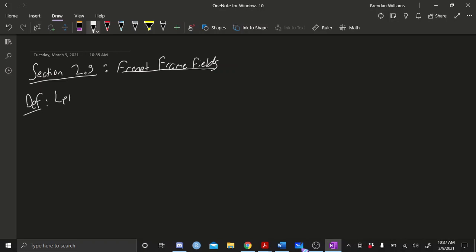So let beta be a function from I to R3. Let that be a unit speed curve.